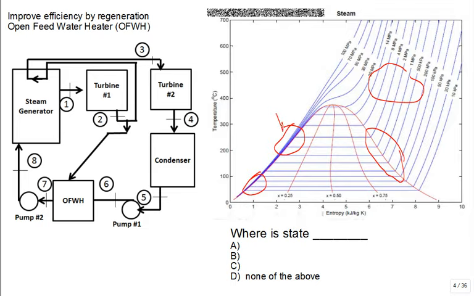We'll call this area A, B, area C, or area D. So where is state 2? Is it in the vicinity of location A, B, C, or D? You currently have 30 seconds.